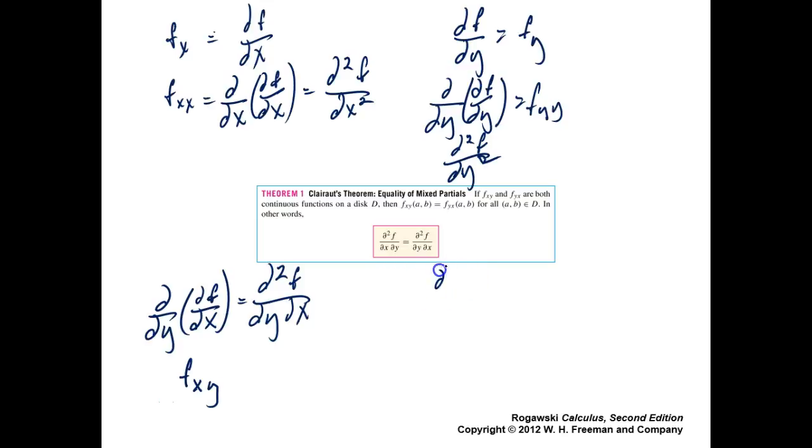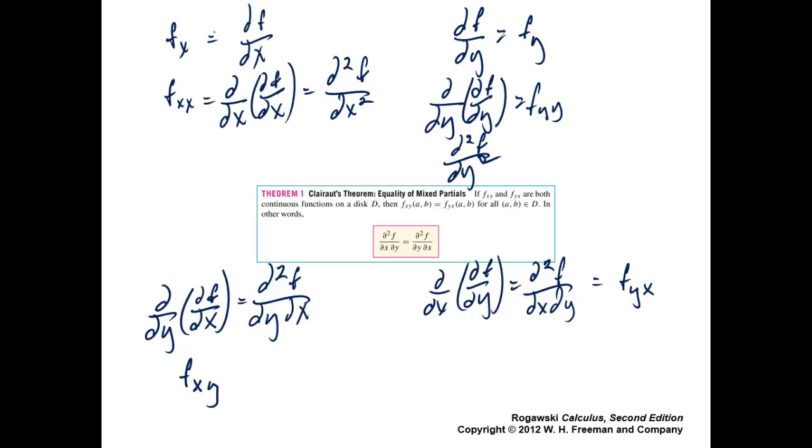You could have taken the partial with respect to x of the partial of f with respect to y, which would then be the second partial of f with respect to x and y, because you did the partial y first and then x. And this would have been the same as f sub yx. Okay?